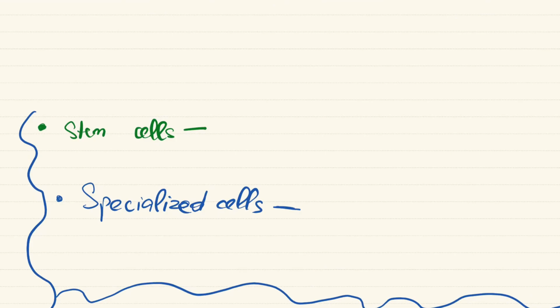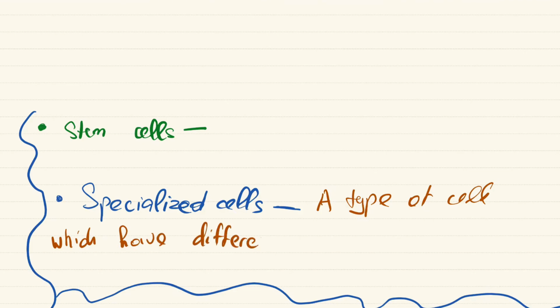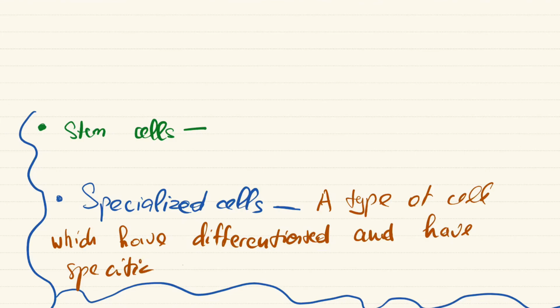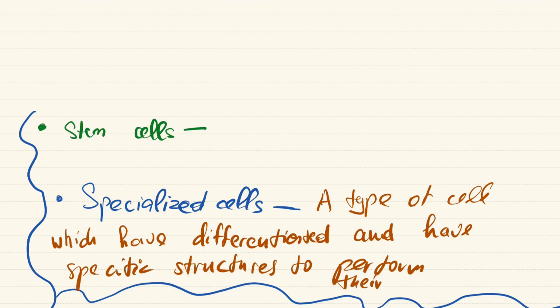They are a type of cell which have differentiated and have specific structures to perform their own function.